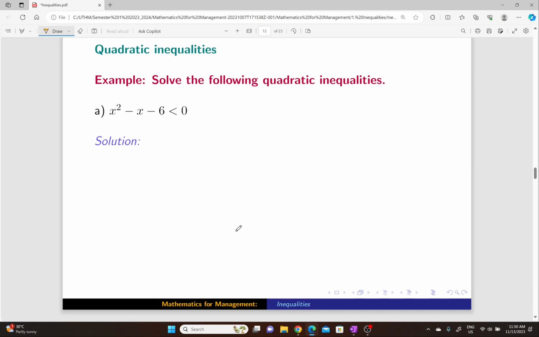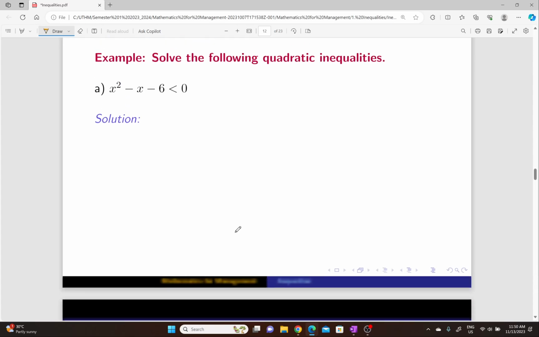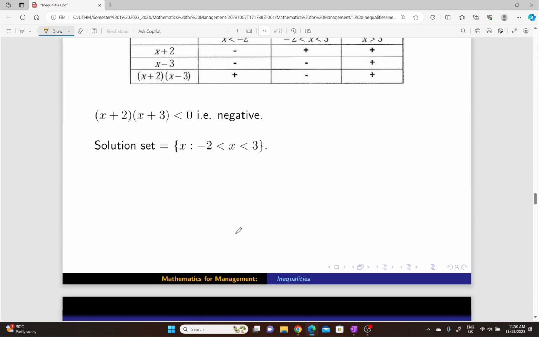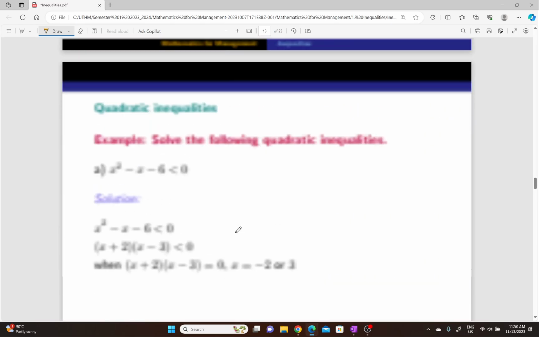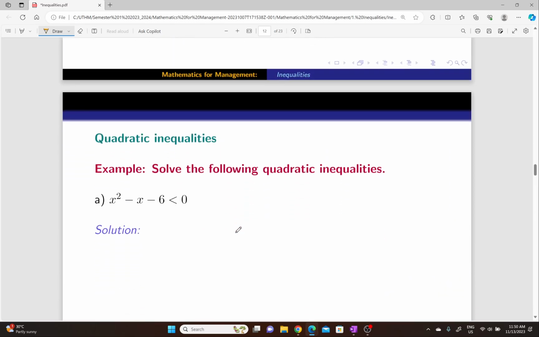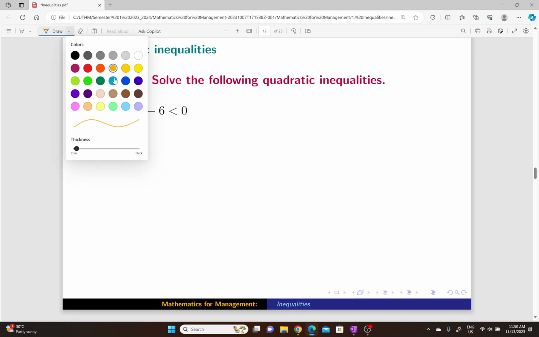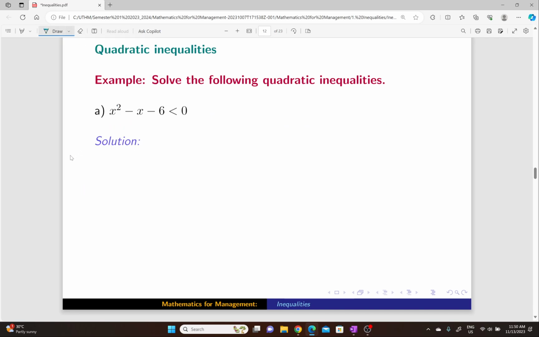Here there are also two methods I can show you. Okay, the first method is the graphical method, alternative one.